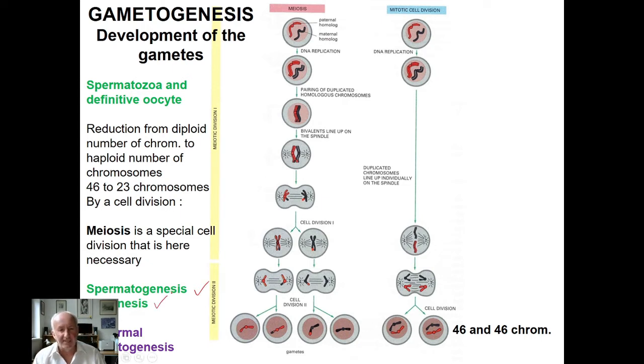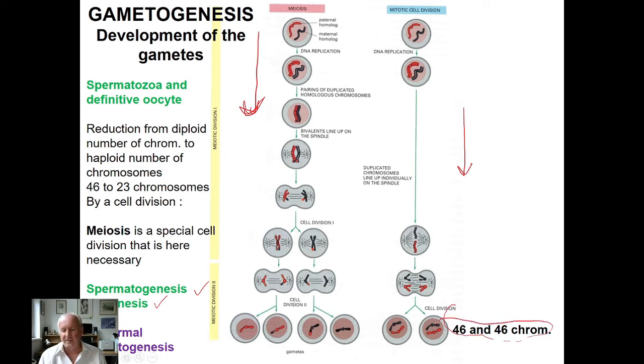Big differences, three basic differences, in three basic points. To get the right number of chromosomes, you need not a mitotic division, but a meiotic division. Meiosis, please. This is important. Mitotic division, nothing strange, you know it. When the cell is dividing by mitotic division, the result is two daughter cells, in each cell 46 chromosomes.